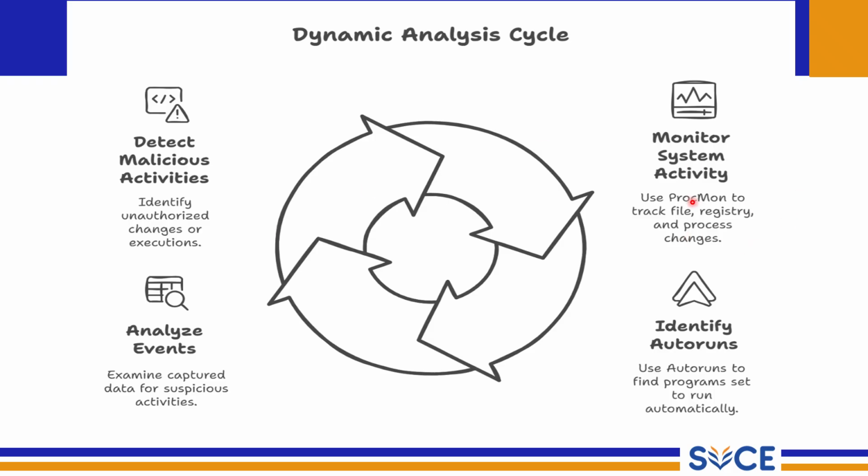We use ProcMon to track the file, registry, and process changes if needed. And last, identify the autoruns: use Autoruns to find the programs set to run automatically. So this is the dynamic analysis cycle.